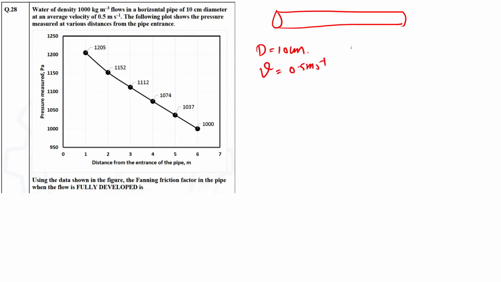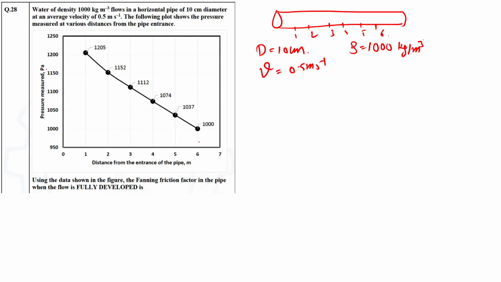So in this question, we have been given a horizontal pipe of diameter 10 centimeter. The average velocity in the pipe is 0.5 meter per second. Then the density of the fluid is 1000 kg per meter cube. And we are measuring the pressure within this pipe at a distance of 1 meter, 2 meter, 3 meter, 4 meter, 5 meter, and 6 meter, and corresponding to that pressure we generate this plot of pressure versus distance.